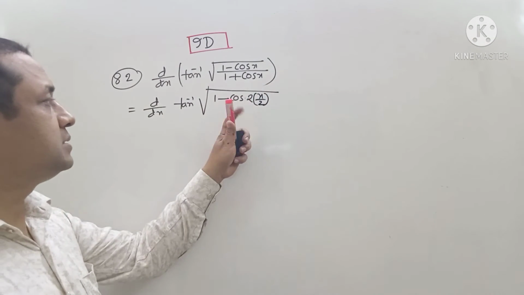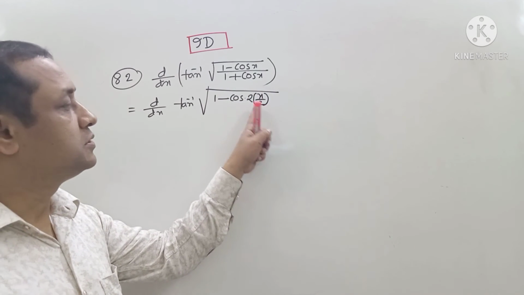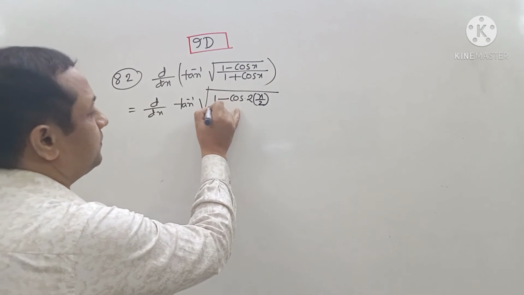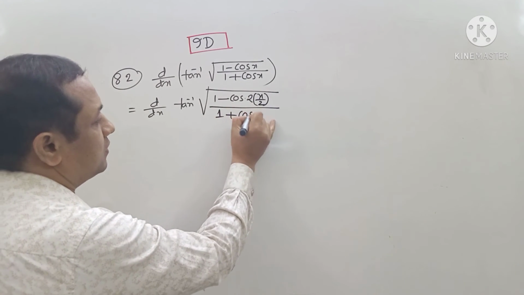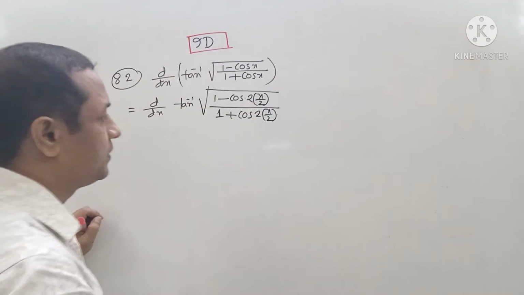Student, attention please. x equals 2 into x/2. Similarly, the denominator will be 1 plus cos of 2 into x/2.